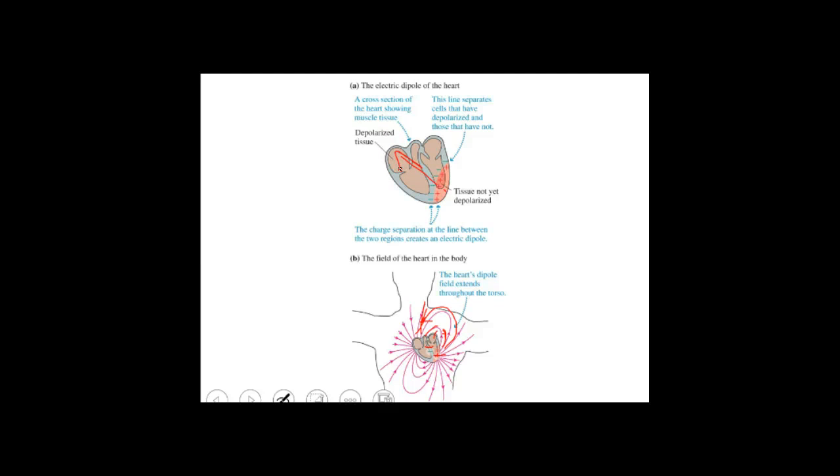So every single beat, your heart will polarize and depolarize and then beat again, right? And always in this direction. We see the first polarization happening here. This polarization will move up, and then the entire thing will decharge and it'll do it again every single beat.